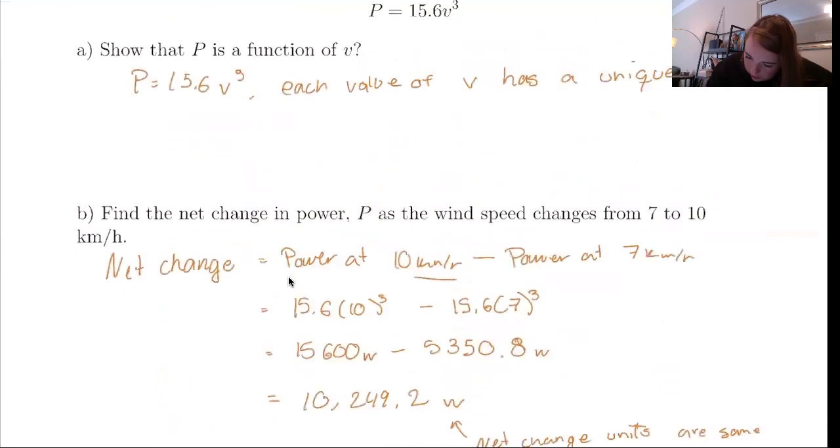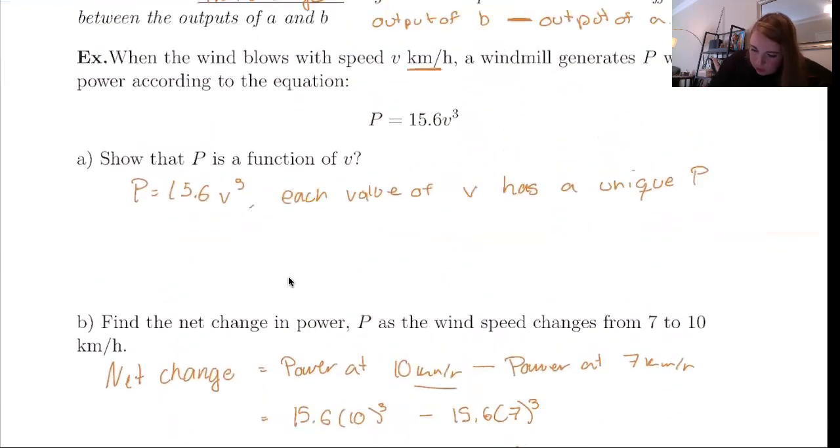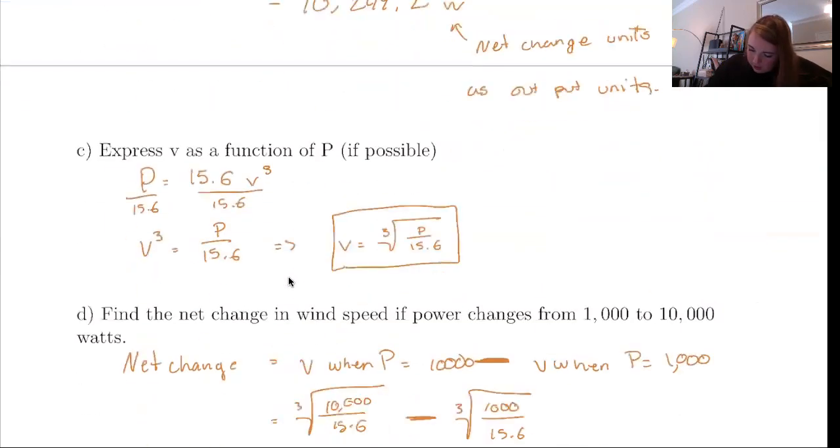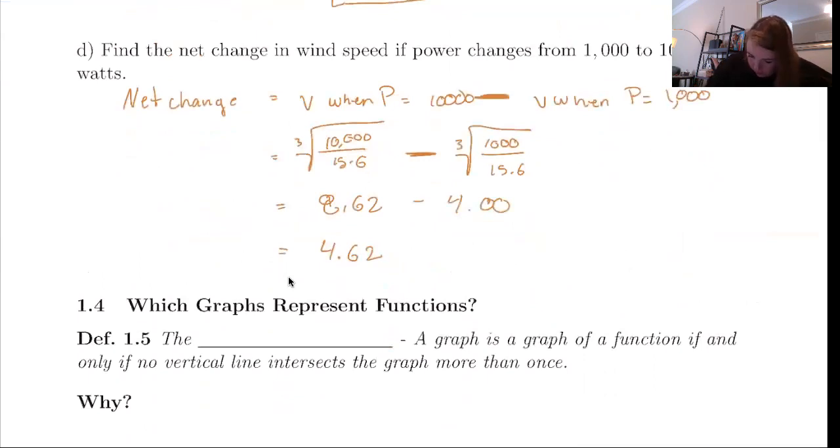V is our output right now, and I think it was kilometers per hour, right? So 4.62 kilometers per hour. Okay, great. So that's net change, something minus something else. Just got to remember the order. It's really important.